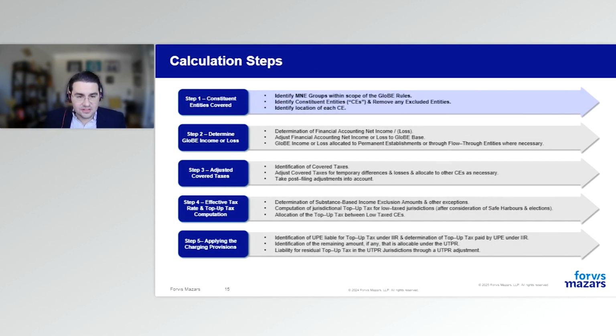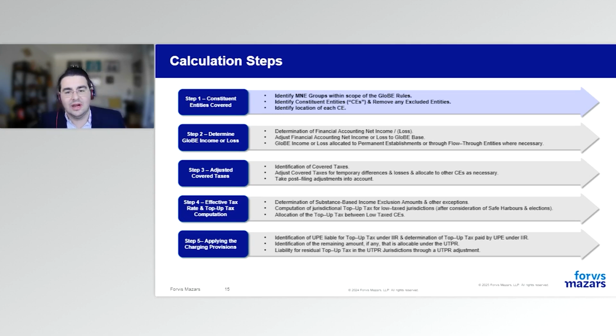To figure all this out, today we're going to take a rewind back to one of the very first sessions, understanding the M&E group. In one of the first sessions of this 10-part series, we had this framework laid out on how to tackle the Pillar 2 rules through a step-by-step process.